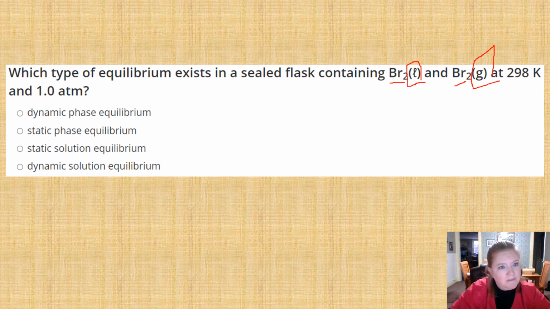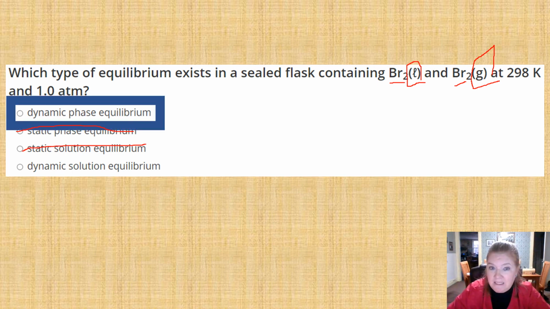What kind of equilibrium is that? Well, first, do you remember, is equilibrium dynamic or static? You should remember, hopefully, it's dynamic. So I know static is wrong. So what kind is it? Phase equilibrium, two different phases of the same substance. If it was a solution equilibrium, I'd need to see aq.